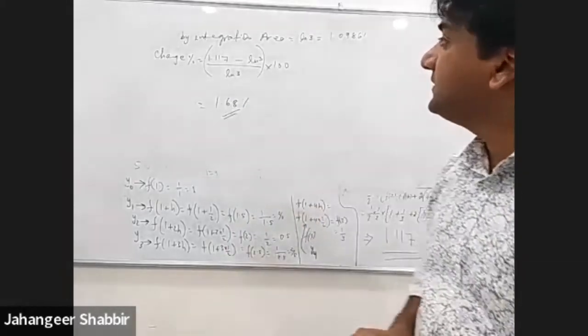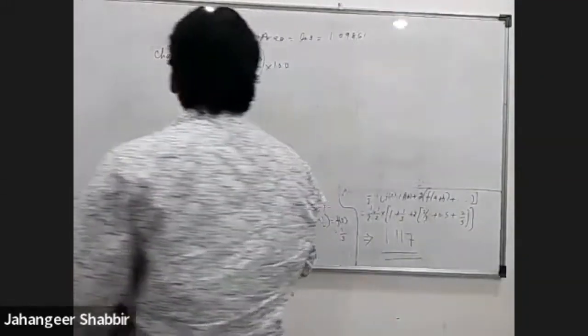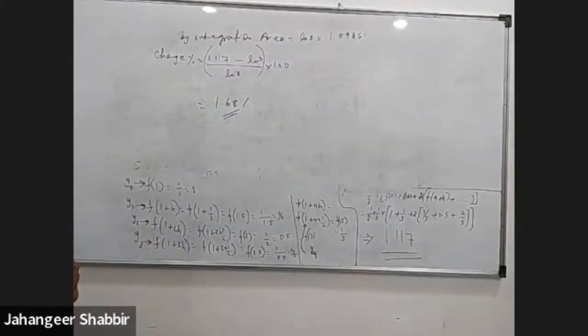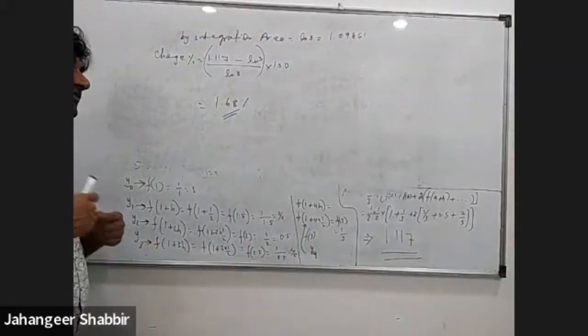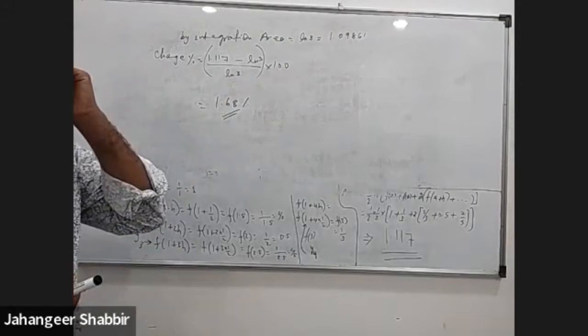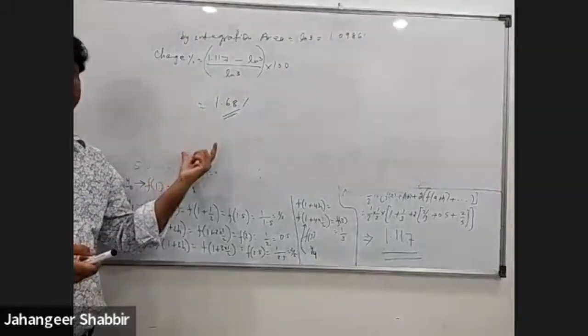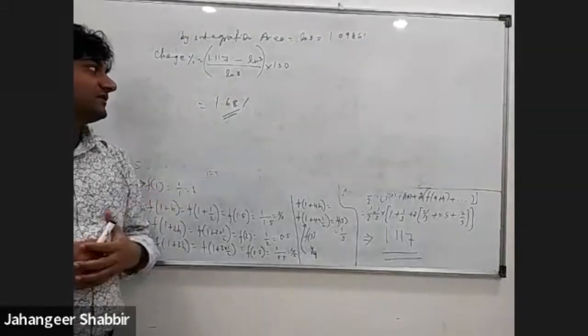So this much is the error. Our area has increased slightly by 1.68%. The original is smaller, but the area by trapezium has some increment.